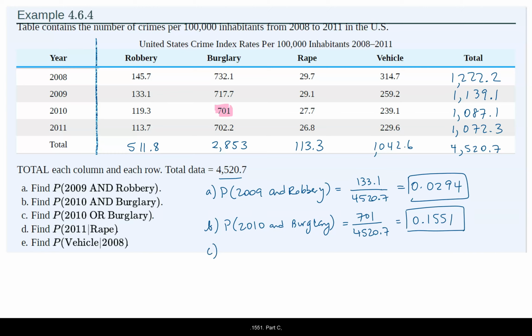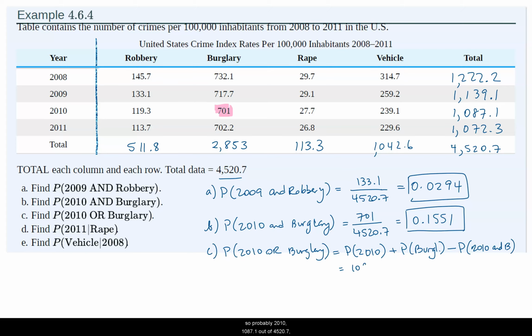Part C, 2010 or burglary. We're going to take the probability of 2010, add to it the probability of burglary, and subtract the probability of both. So probability of 2010, 1,087.1 out of 4,520.7.